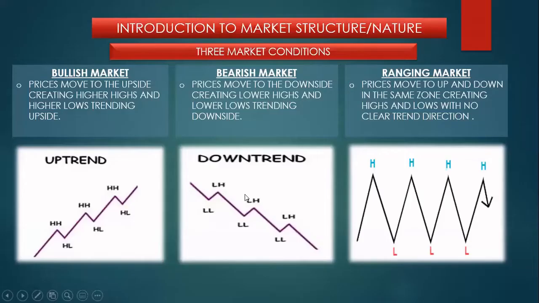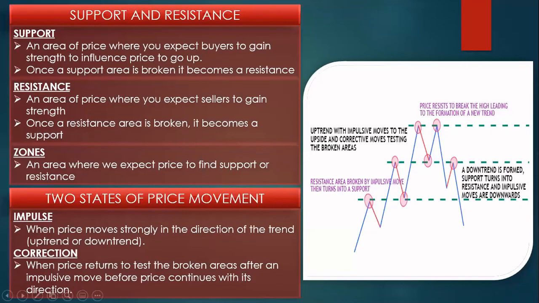All right, we have support and resistance. Support is an area where we expect buyers to gain strength to influence price to go up. Once a support area is broken, it becomes a resistance. A resistance is an area where we expect sellers to gain strength.